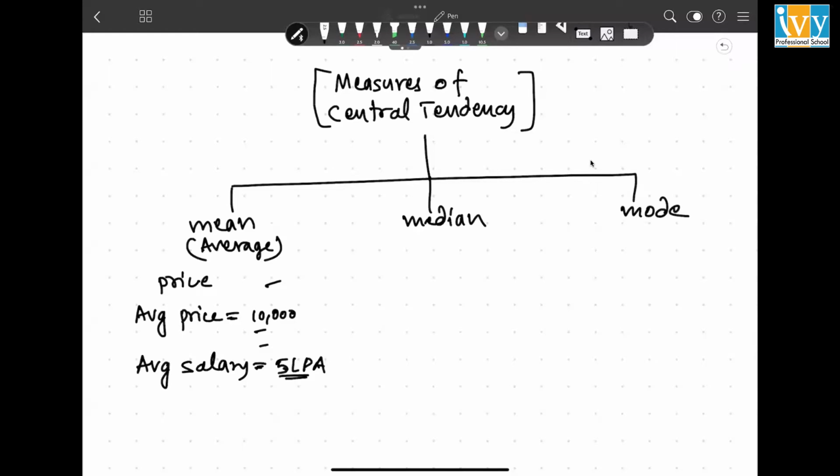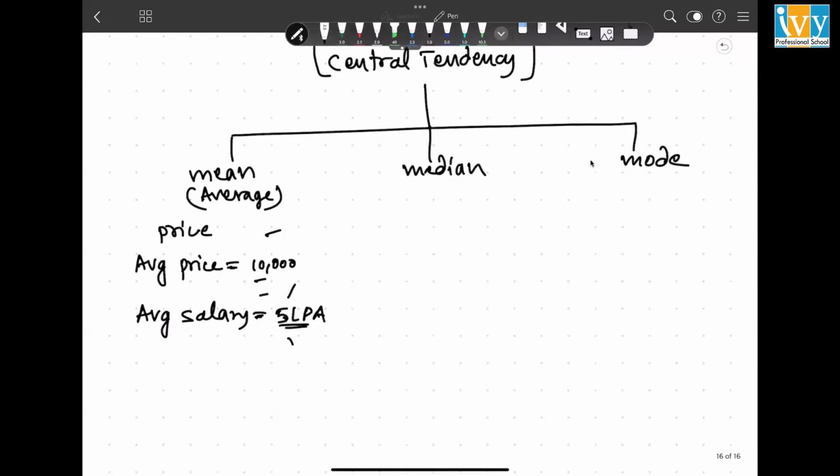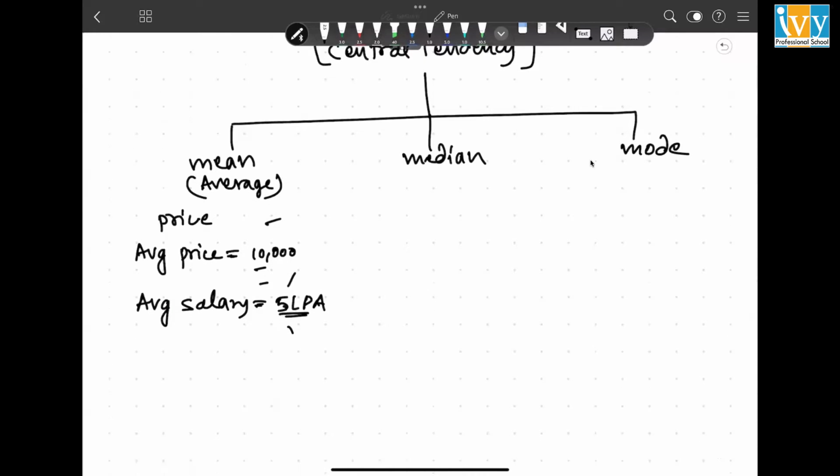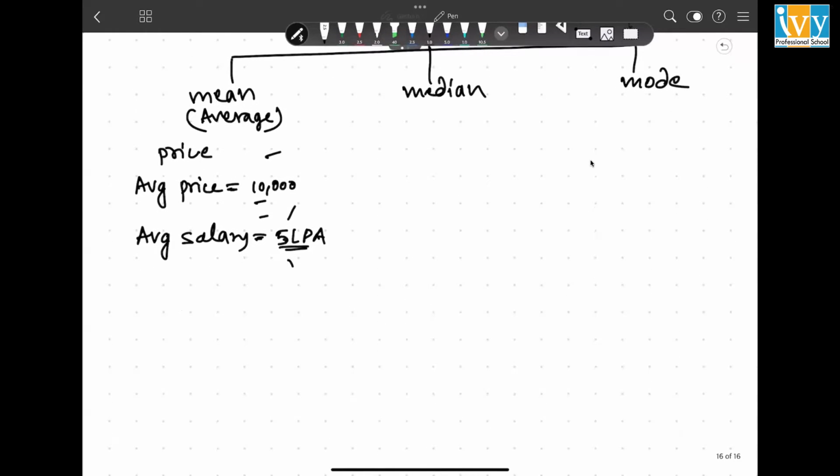There might be salaries higher than this, there might be salaries lower than this for the same kind of skill sets, but on an average this is the average salary. So average tells you the central value around which the data is spread. Is this making sense, everybody? Cool.